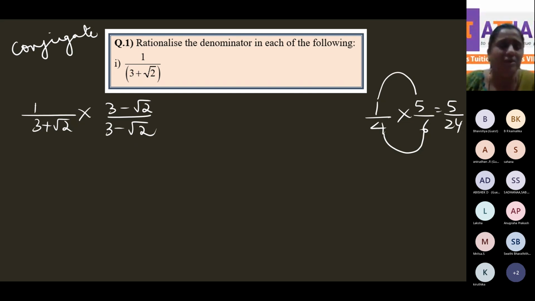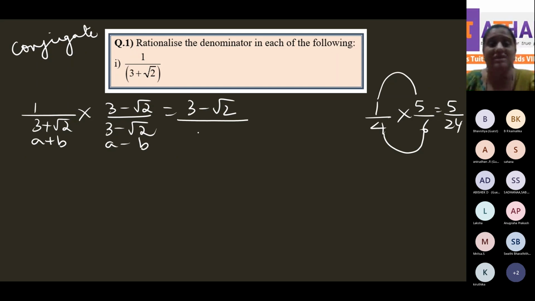So when you multiply the numerators, 1 into 3 minus root 2 will be 3 minus root 2 itself. Same thing for the denominators. They are of the form a plus b into a minus b, so the result is a square minus b square: 3 square minus root 2 the whole square.